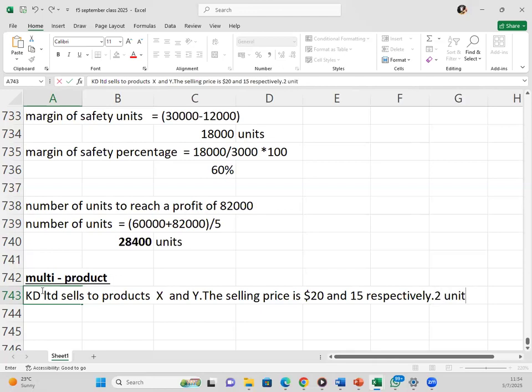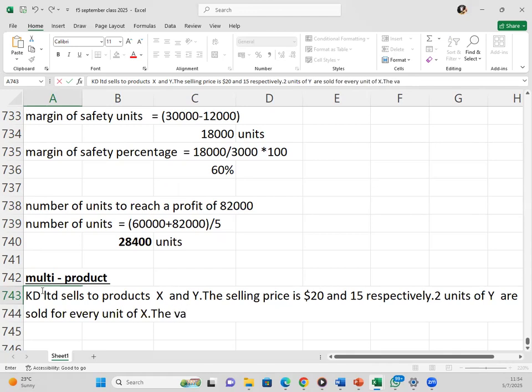Two units of Y are sold for every unit of X.